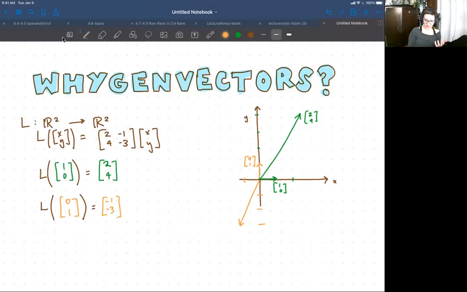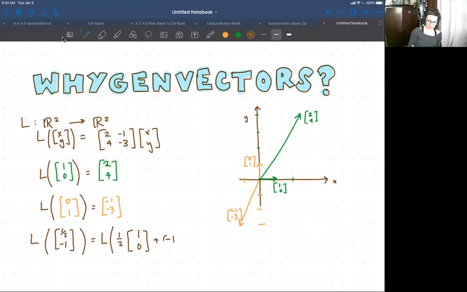So if I think about what's going on here, say I give you the vector (1/2, -1), and I want to know what L does to this thing. Well, I can break up my vector as 1/2 times (1, 0) plus -1 times (0, 1).